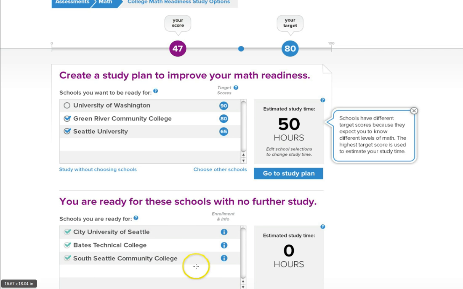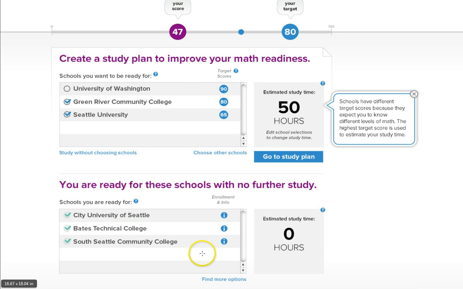Some of these schools, these ones down here, she's ready for. In other words, this score of a 47 is already higher than the cutoff or score expectations that these schools have set for incoming college students. And so if Rachel wants to go to one of these schools, as you can see, she probably doesn't need to study at all.